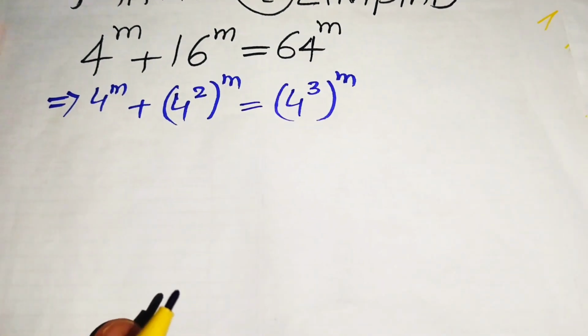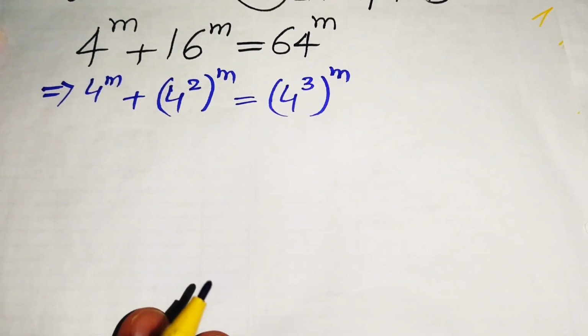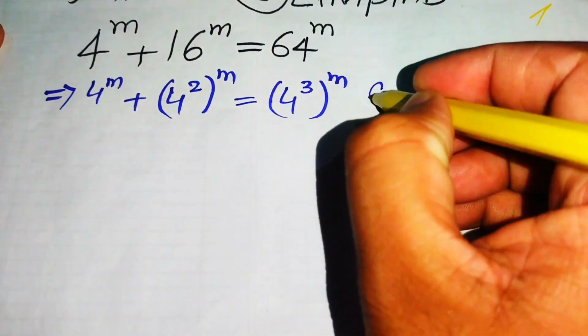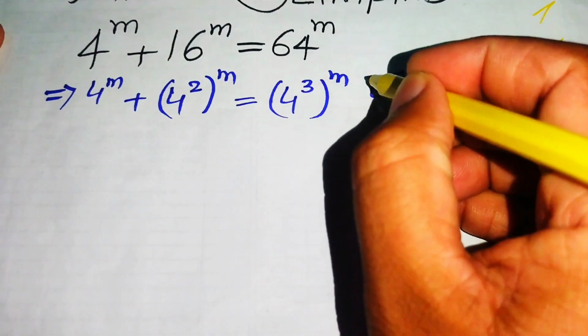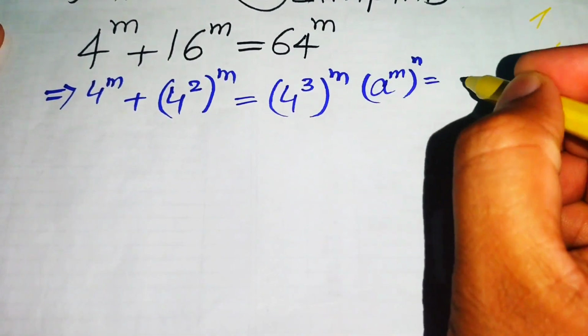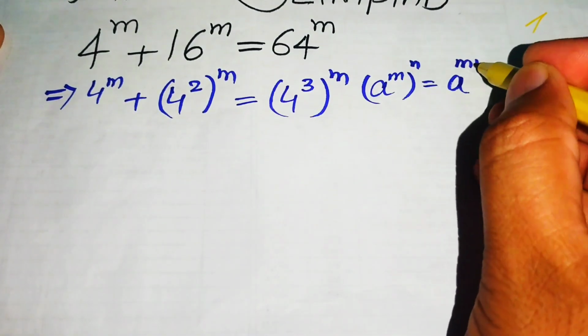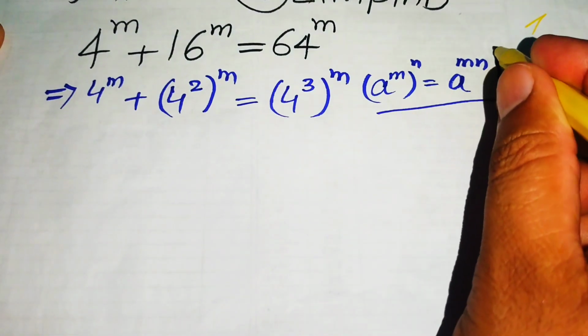So now in the next step we need the nice exponential law. If we have a to the power of m to the power of n, it equals a to the power of m times n.